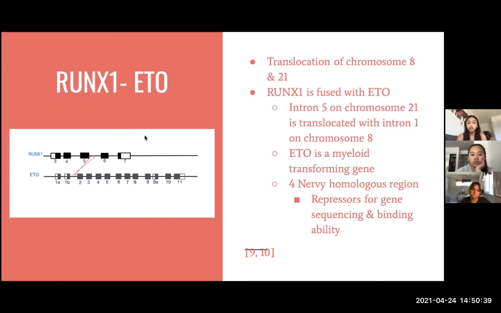This produces the RUNX1-ETO complex, and ETO is a myeloid transforming gene. During translocation, it provides 4 nervy homologous regions to RUNX1. These regions can act as repressors or co-repressors that are involved in gene silencing. Therefore, it further promotes the increasing rate of mutations.